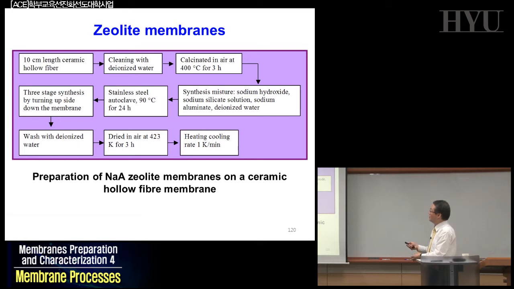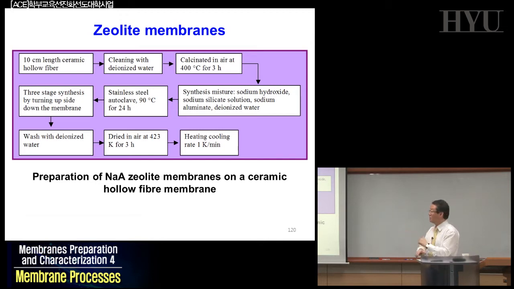Anyway, you come up with a ceramic hollow fiber, which is not zeolite, but could be alpha alumina or coated with gamma alumina, and you can start from the alumina. Although alumina tube is also expensive, we bought this alumina tube for maybe about a few hundred dollars per tube.